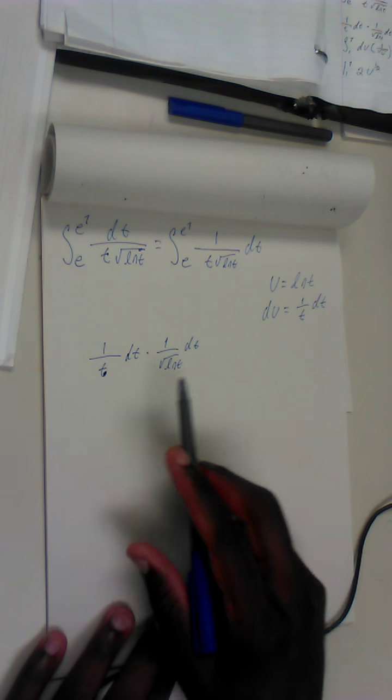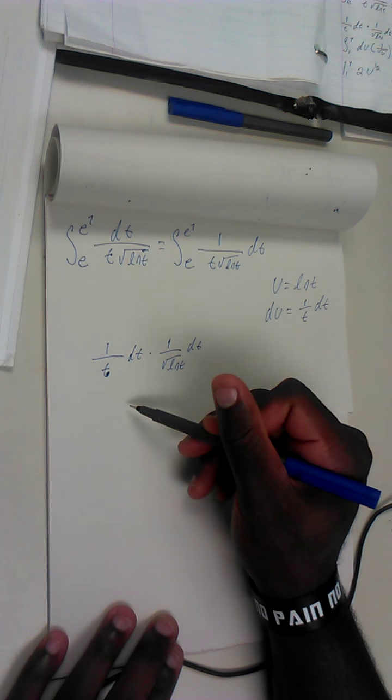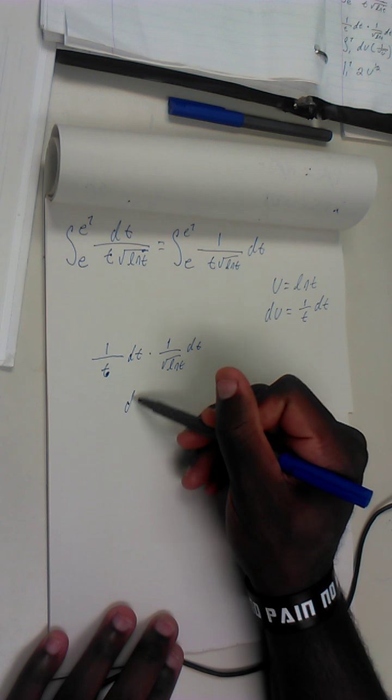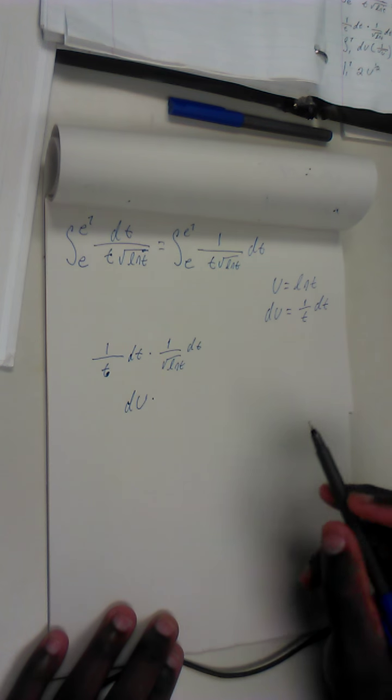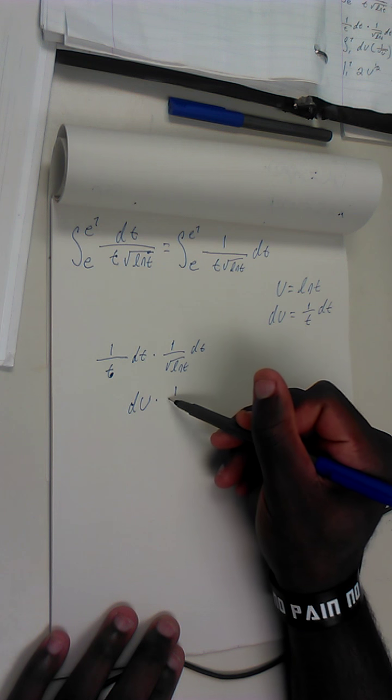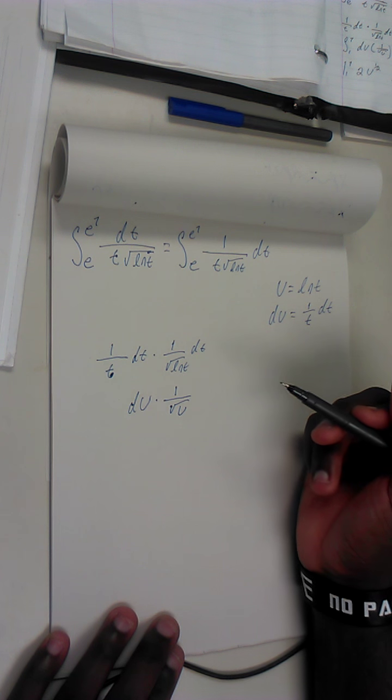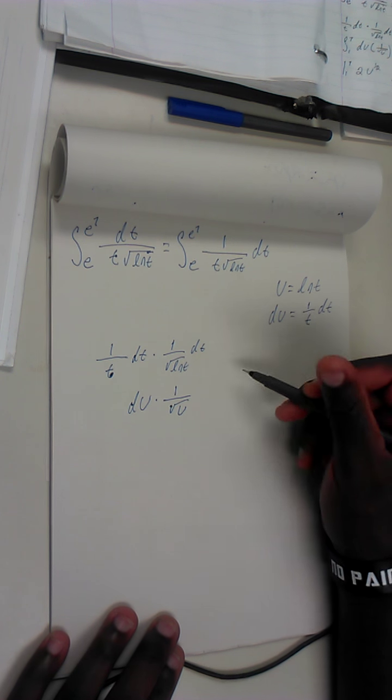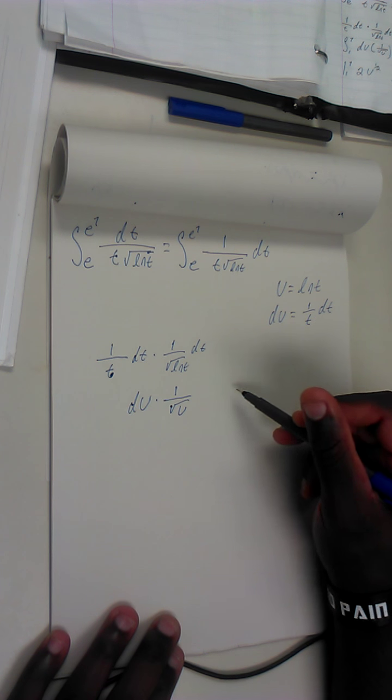And 1 over t dt is accounted for by du, right? And 1 over radical ln t is accounted for by u, right? So in this case, that's what you're looking at.